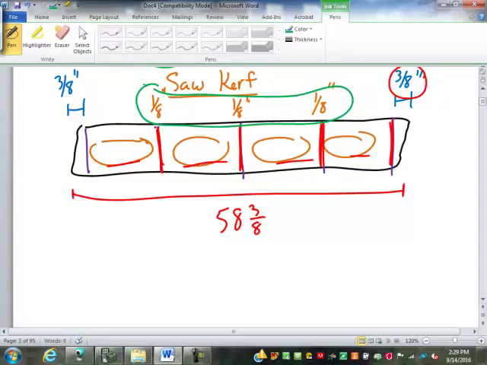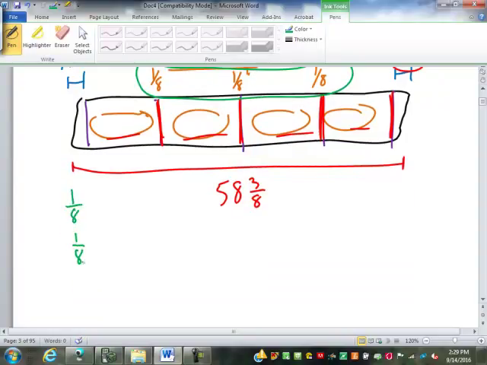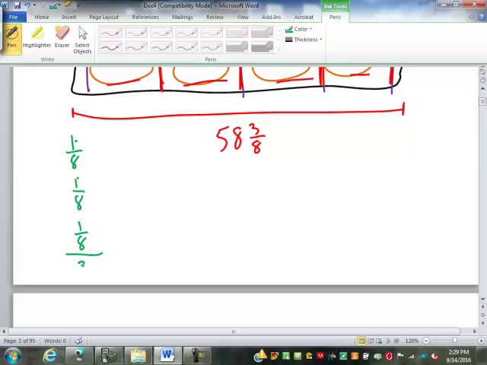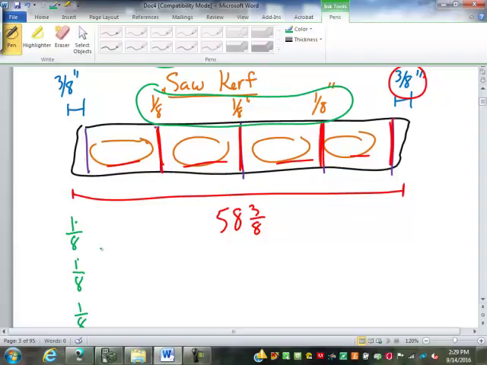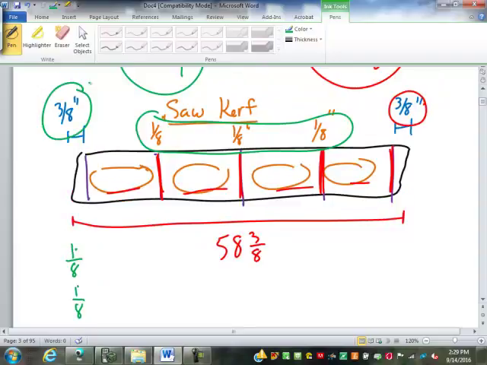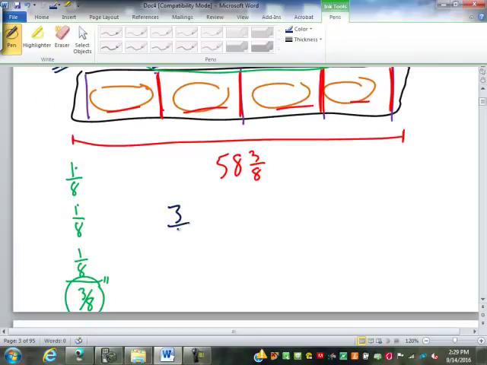If I add those together, 1 plus 1 plus 1 is 3/8. Those 3 saw kerfs make 3/8 of an inch. I also have 3/8 of an inch being cut off of each end. So the total that I'm going to lose to my saw kerfs and squaring up my ends is 3/8 times 3.